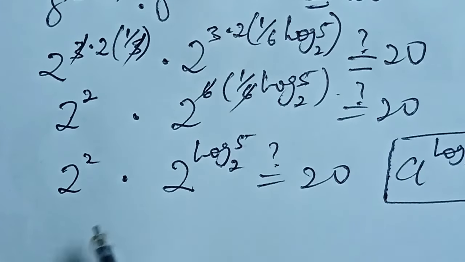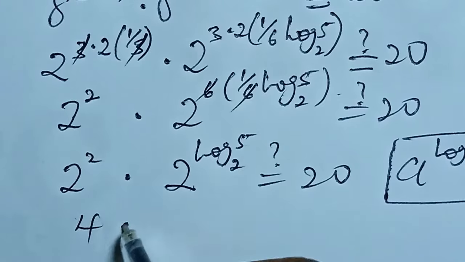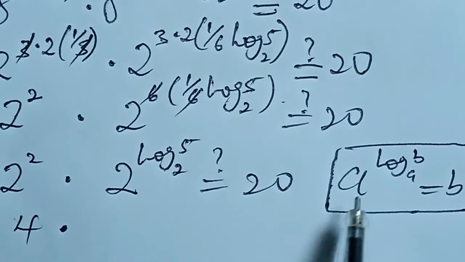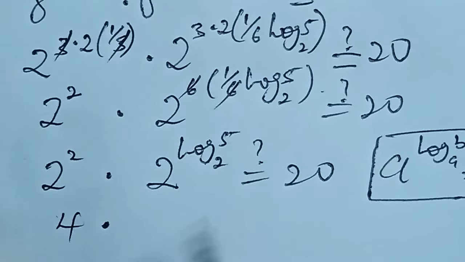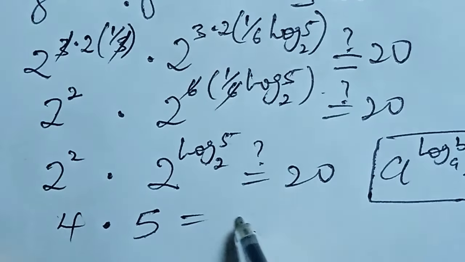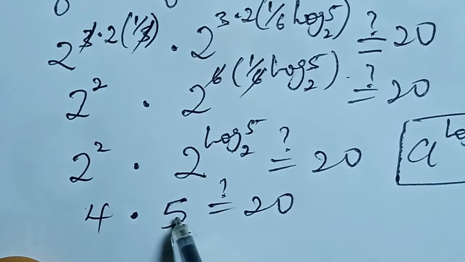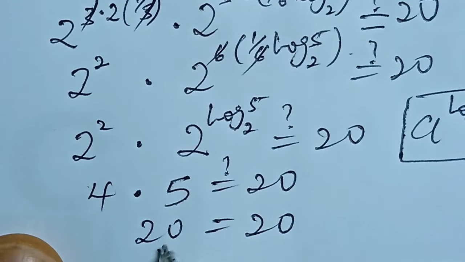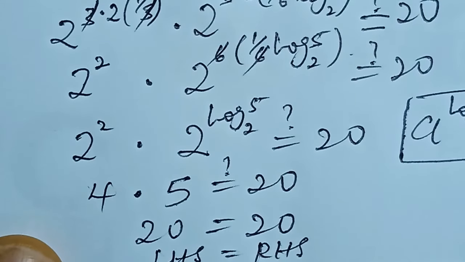Now we have 2 to the power of 2 is given by 4 multiplied by b, which here is represented by 5. So we now have 5. Would that be equal to 20? Multiplying 4 by 5, we have 20, and that is equal to 20.